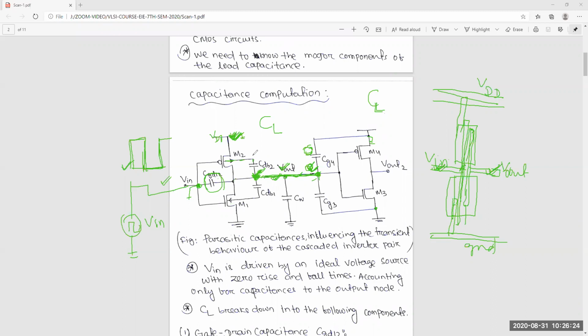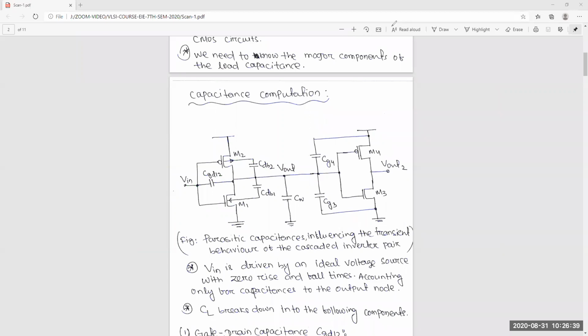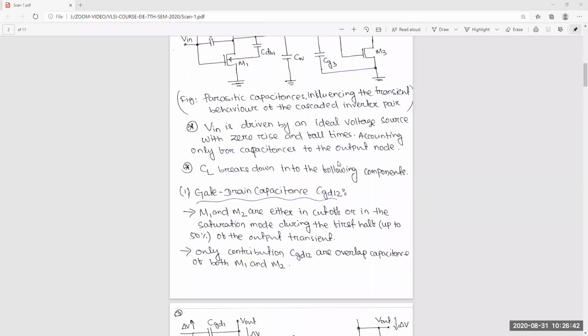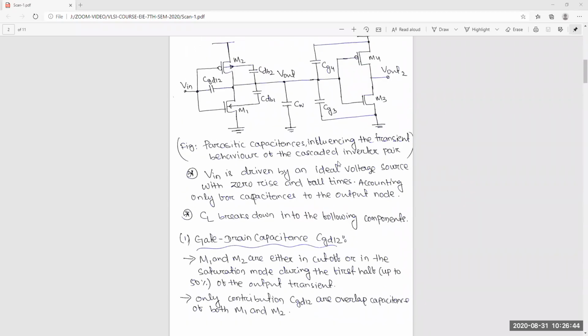Yes or no? If you don't know Miller, then you have to study what the Miller effect is. First I'll discuss this.